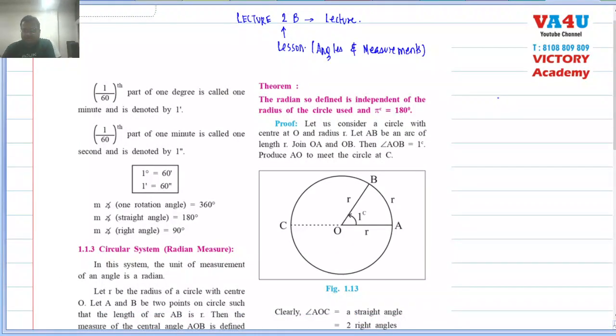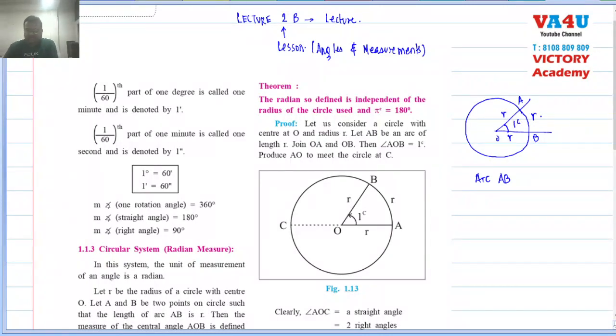In the last lecture, we discussed radian. Let's just revise that concept once more. Suppose you have a circle of radius r, and suppose the arc AB is also of length r, then the angle subtended by arc AB at the center will be 1 radian.